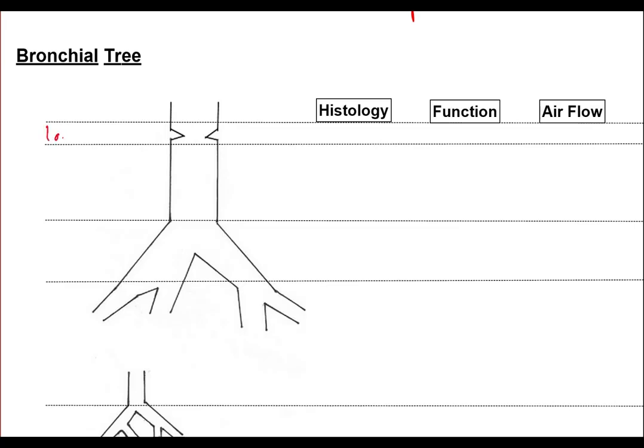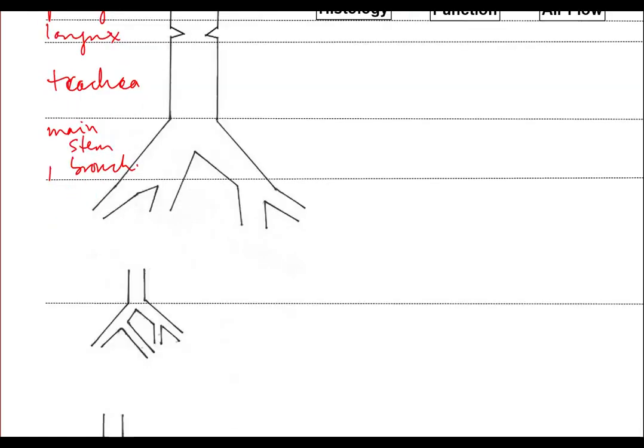So here's my larynx. Above it, that's going to be my pharynx. Trachea. And here's our first division, which is the main stem bronchi. After that, we go through the divisions of our bronchi, which is about 2 through 7.